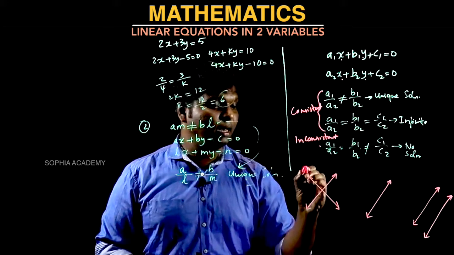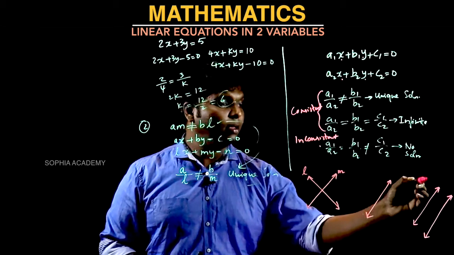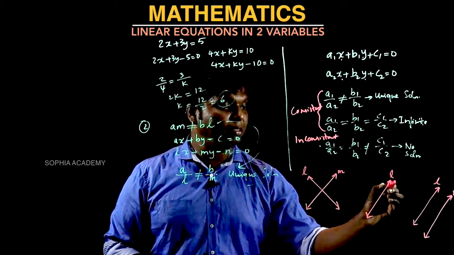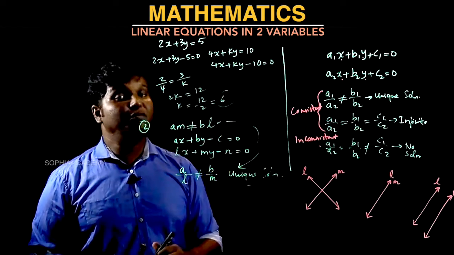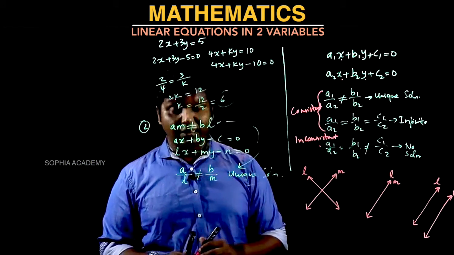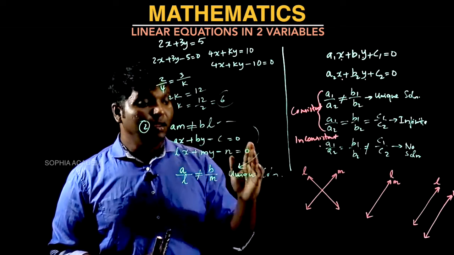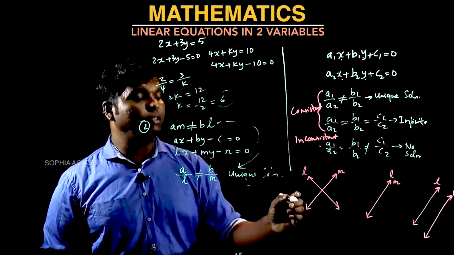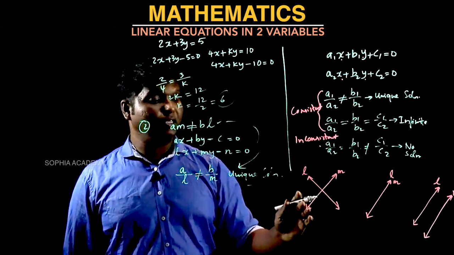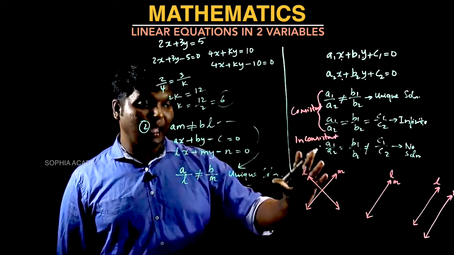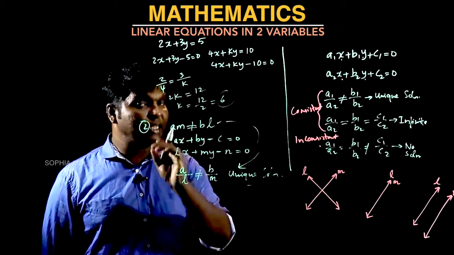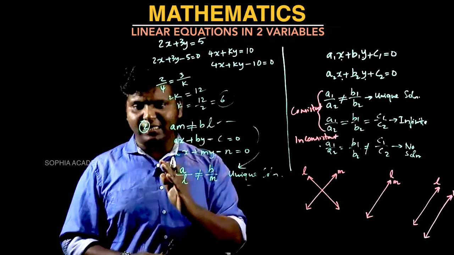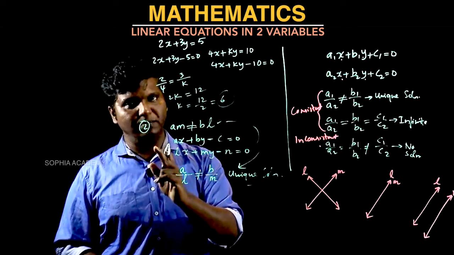If you take these as line L and line M, in the first condition you can see that the lines are intersecting at a single point. If you find that the lines are intersecting together in a single point, keep this in your mind: whenever the lines are intersecting, there is a solution.